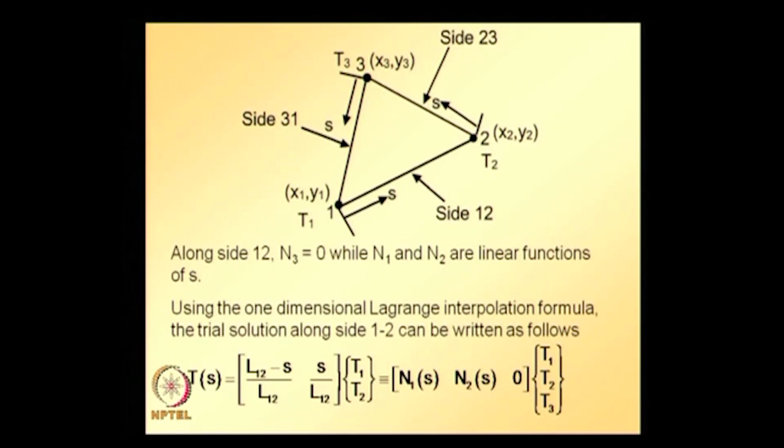So, since shape function of node 3 is 0 along side 1 2, we can rewrite this equation as N1 N2 0 times T1 T2 T3 as given in the equation there.